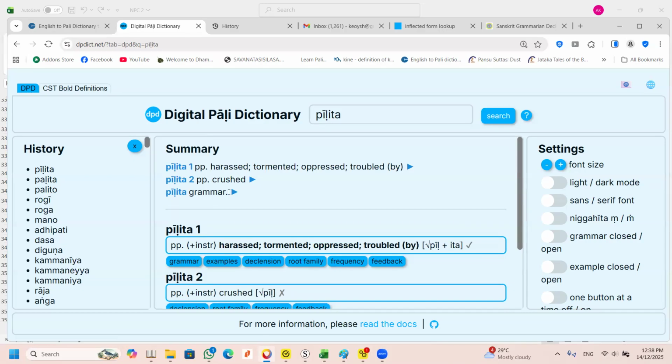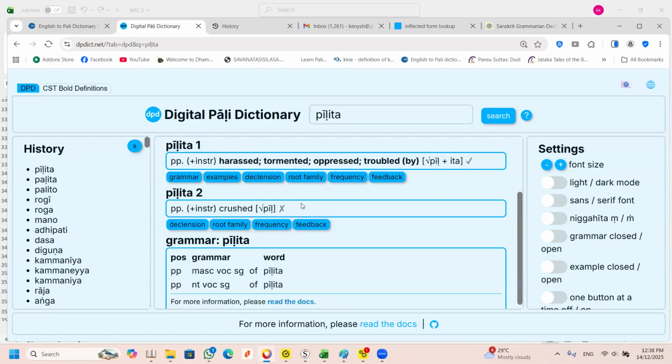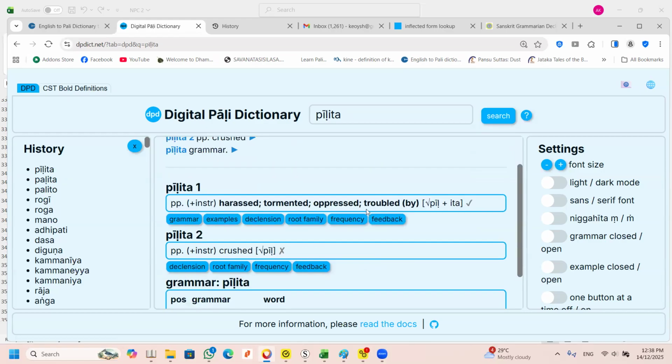If you look at the word here, palita, that means you can use the word troubled by. Not necessarily oppressed, or tormented, or harassed, because it's palita, because you are troubled by sickness.